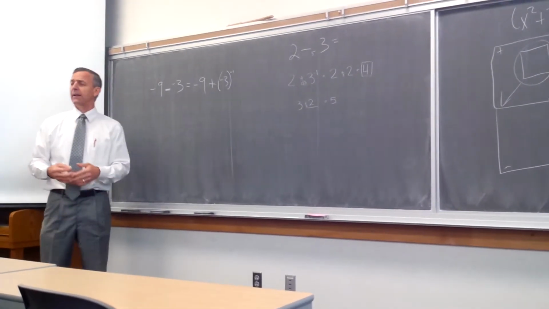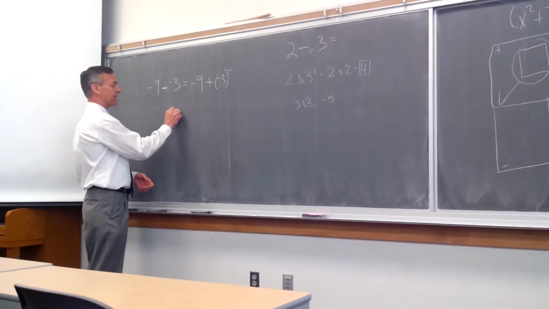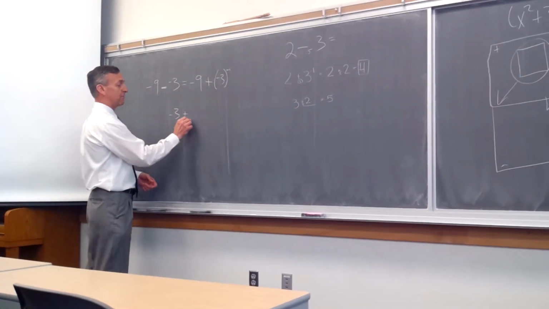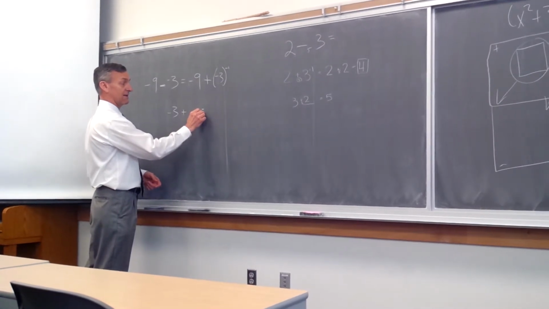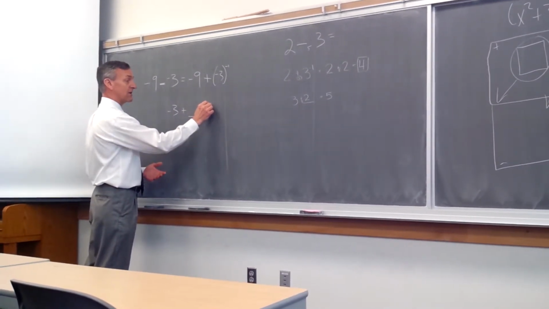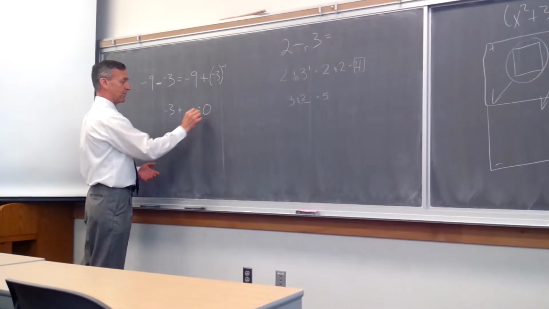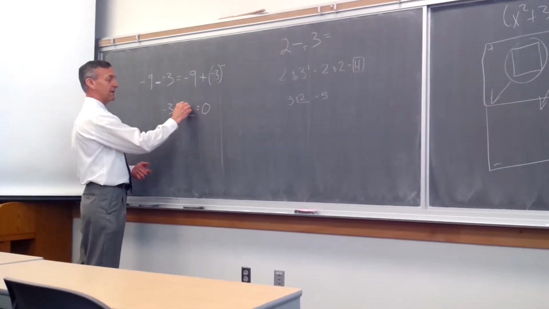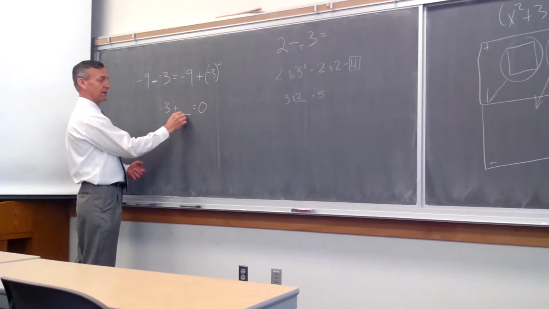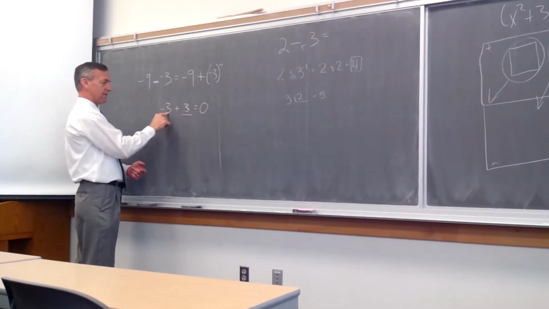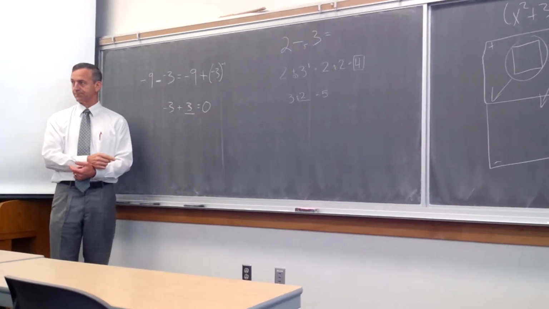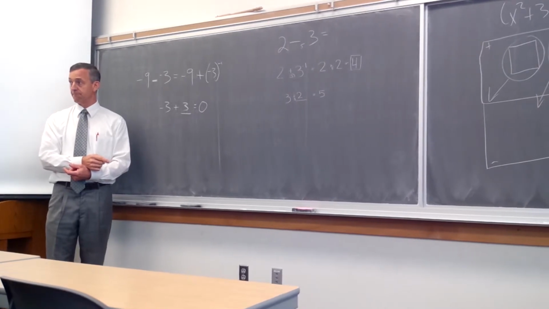Well, an inverse is something that when I'm adding produces the identity, which for addition is 0. So what is the answer here? 3. 3 is the inverse of negative 3. Okay?